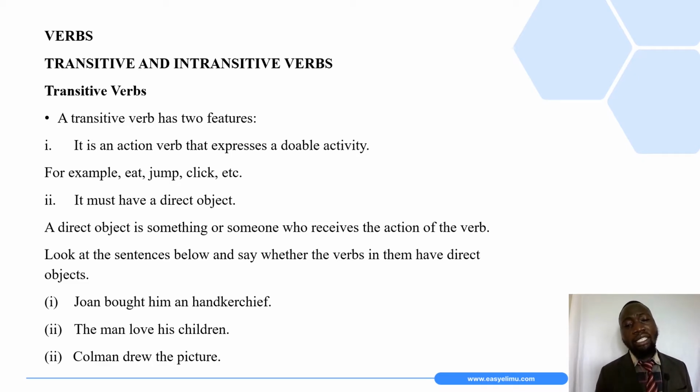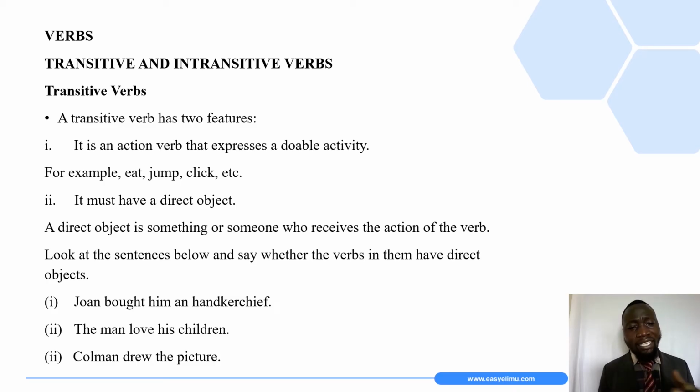A direct object is the receiver of an action. So if something or someone receives an action, it becomes a direct object. We are also told that an indirect object can also be there, but it precedes the direct object.